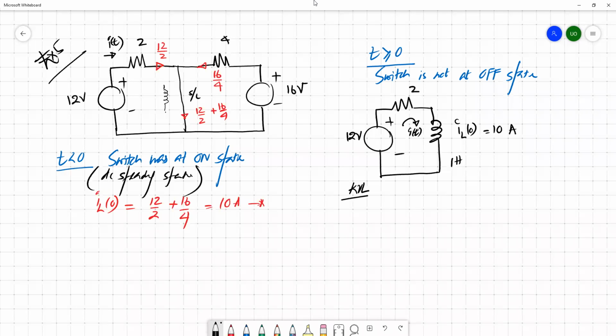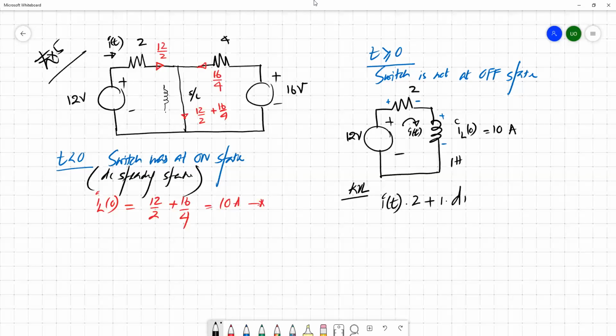Once you apply Kirchhoff voltage law, we can say that i(t) times 2 ohm is the voltage drop across this resistor. Then the induced voltage across the inductor is L times the derivative of the current, and L here is 1.